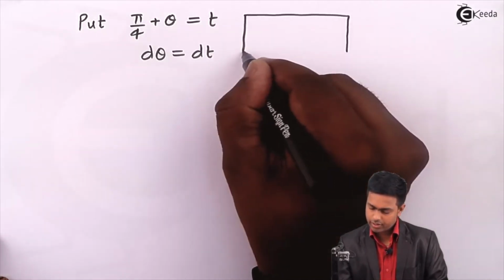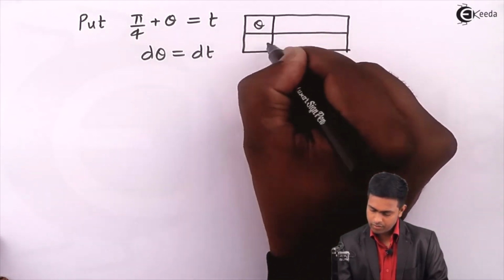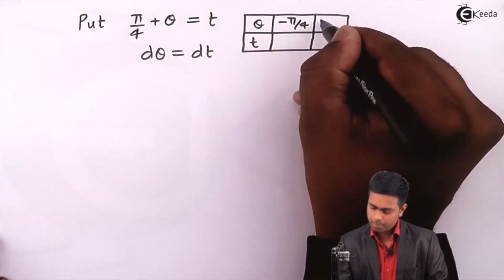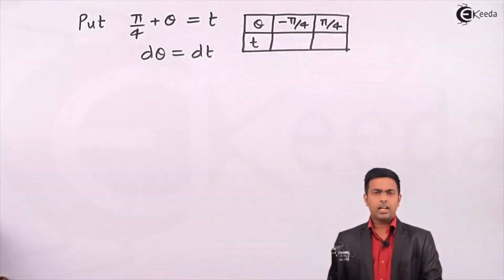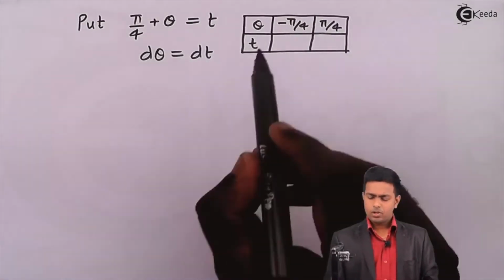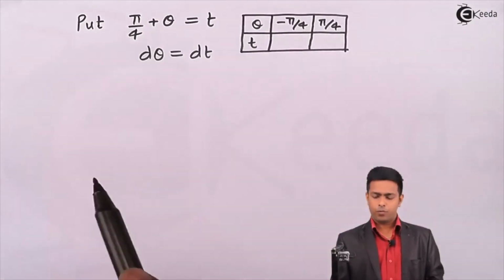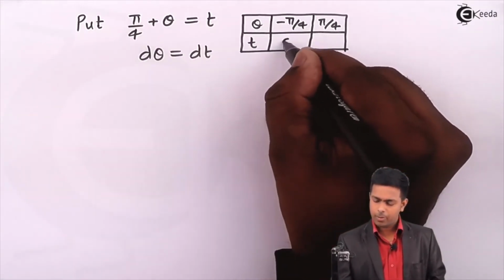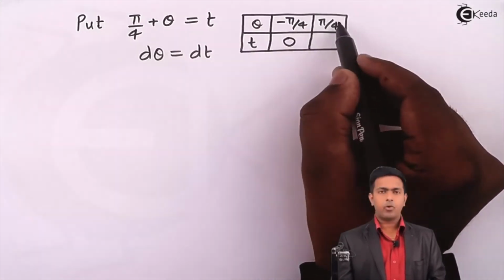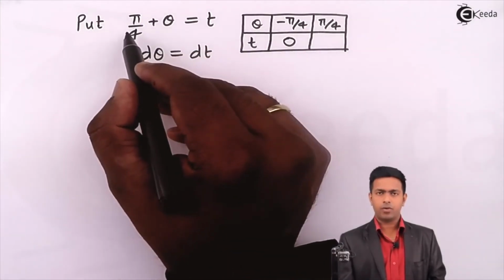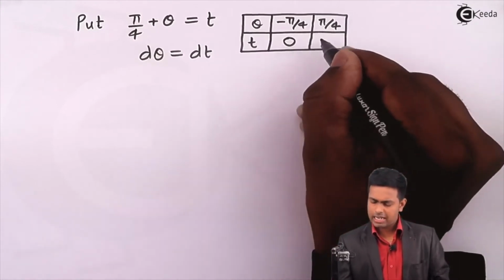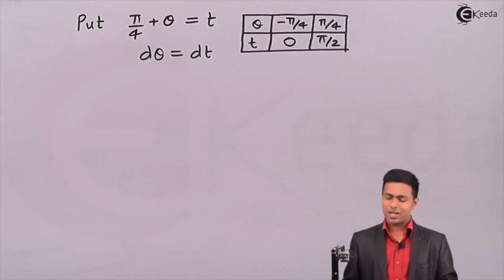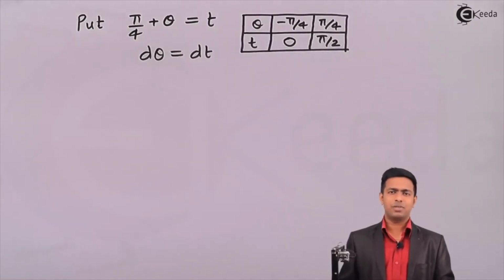For theta we have limits from minus pi upon 4 to pi upon 4. Now let's observe it for t. When theta is minus pi upon 4, minus pi upon 4 plus pi upon 4 is 0, so t will be 0. And when theta is pi upon 4, pi by 4 plus pi by 4 is 2 times pi by 4, or pi upon 2. So we got the limit from 0 to pi by 2, which is required for the definition of beta function.